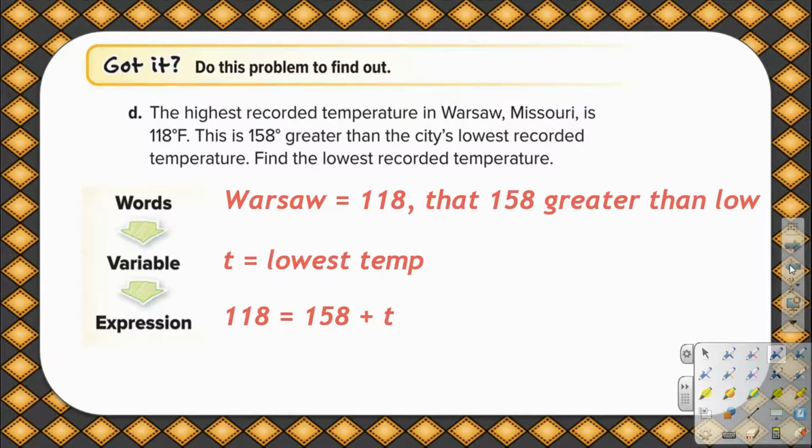So we're going to subtract 158 from both sides. When we do, that leaves us with the temperature is equal to, what's 118 minus 158? Yes, -40.